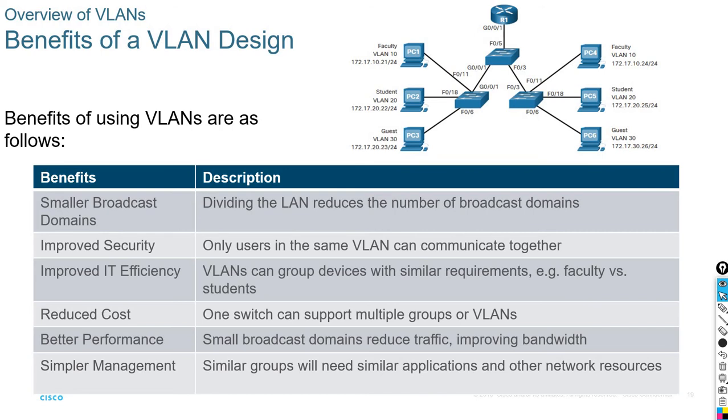Simpler management, since similar groups will need similar applications and other network resources. For improved security, only users in the same VLAN can communicate together. The faculty can only communicate using VLAN 10. Students can only communicate within the student VLAN, and guest VLAN 30 can communicate only with guest VLAN 30.